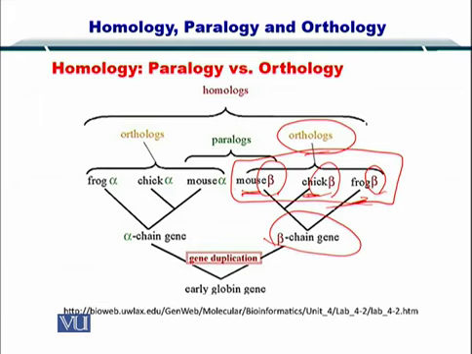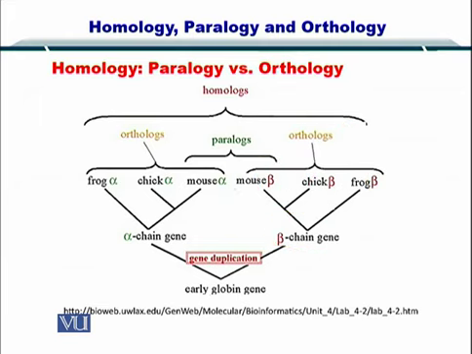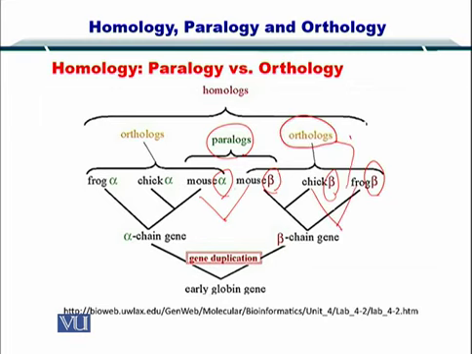So, in conclusion, two different genes in the same species are paralogs, and two similar genes in two different species are orthologs. So, homology is essentially a combination of orthologous genes and paralogous genes, or orthologous proteins and paralogous proteins.